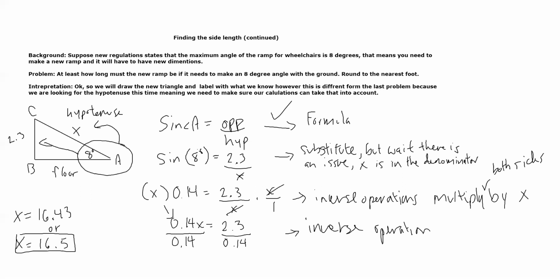And I ended up with a rearrangement of my formula. And then inverse operations, well, 0.14, I need that x to be by itself. So in order to get rid of the multiplication, I had to divide both sides by 0.14. Okay, cool. So when I divided, they canceled out. My x was left there. It's 2.3 divided by 0.14.